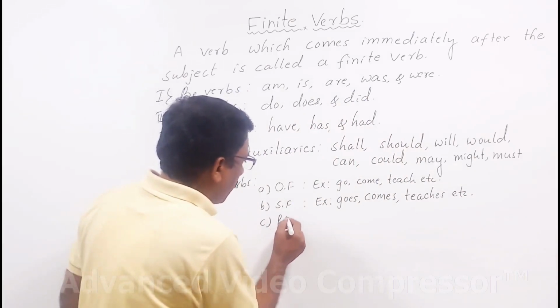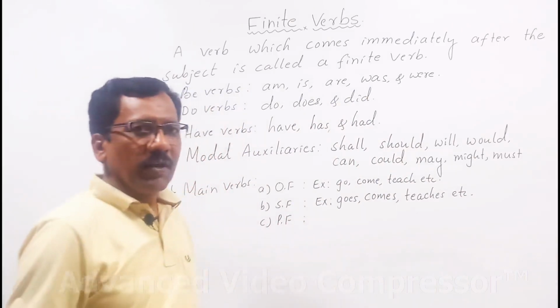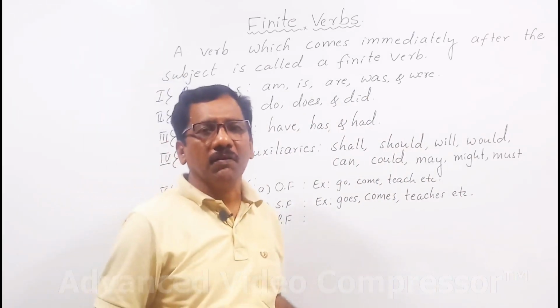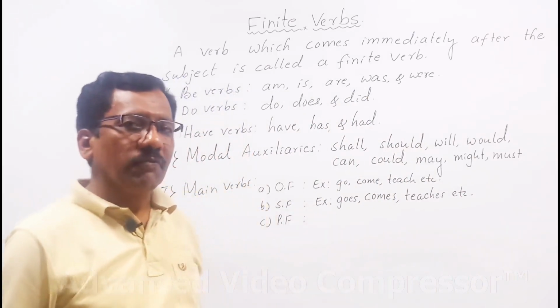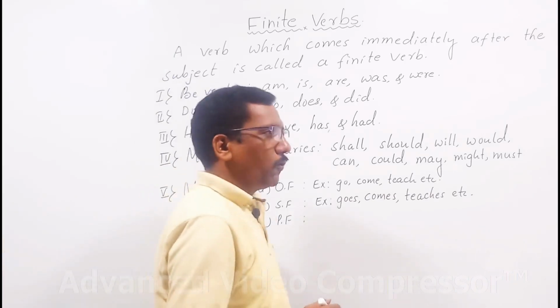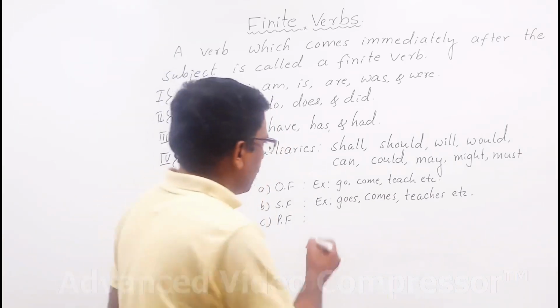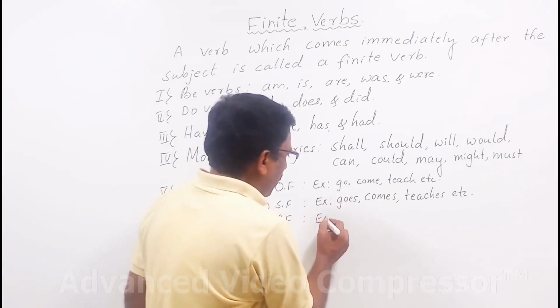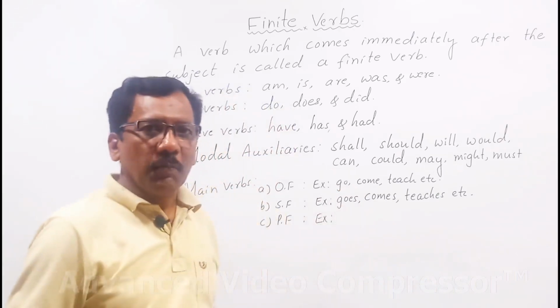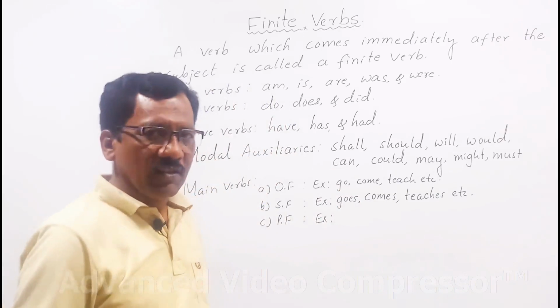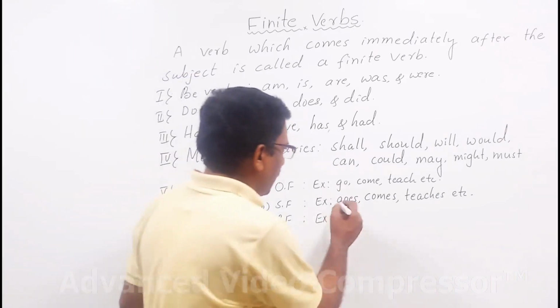Then even past form, PF. If the main verb is used in past form, all the past forms are used in simple past tense. You know it. For example, when you think of the past form of the word go, it's went.